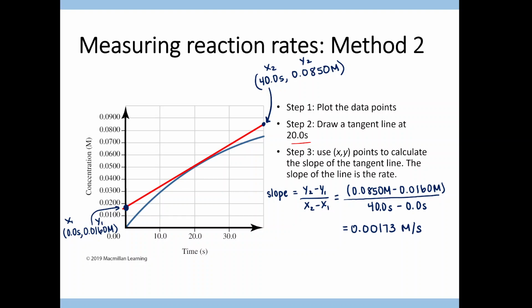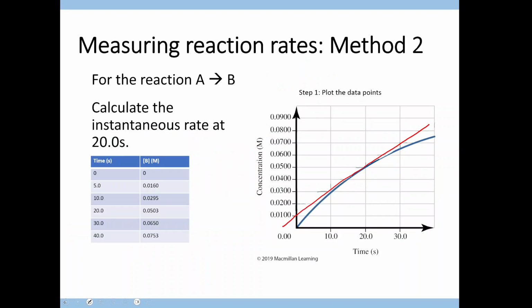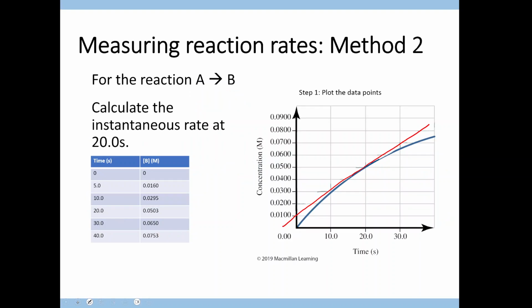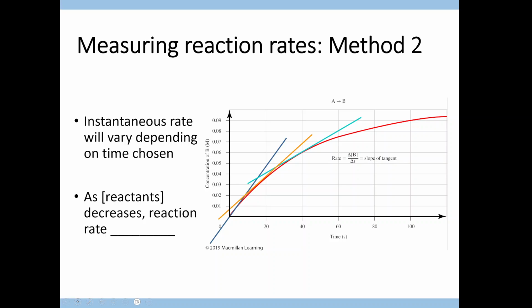Now notice that this instantaneous rate is slightly different from the average rate that we calculated here. They're really similar, but they're not exactly the same. Instantaneous rate is helpful if you are looking for the rate at a specific time, but that rate is going to vary depending on the time that is chosen because this tangent line has different slopes. The red curved line here is showing the concentration of B at different time points.